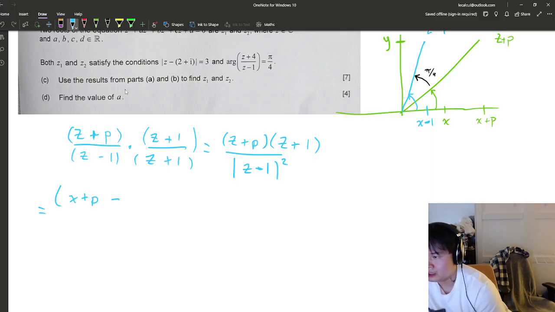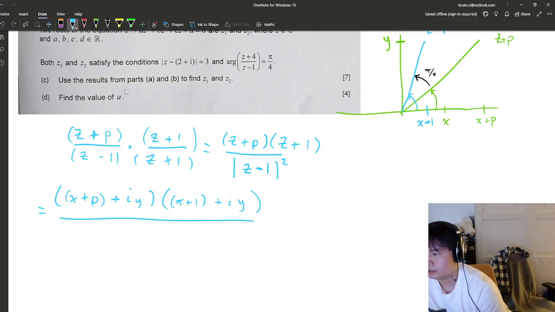So we get x plus p plus iy times x plus 1 plus iy over... wait, this is not the conjugate. Oops. Ignore this. I'm being silly.